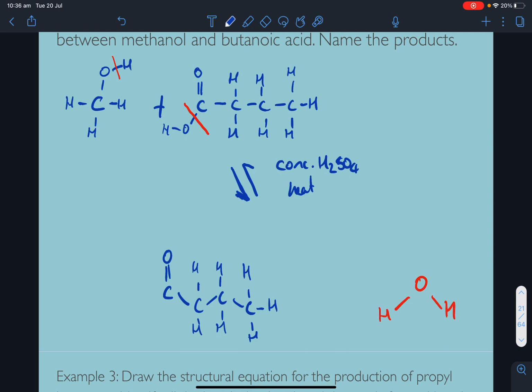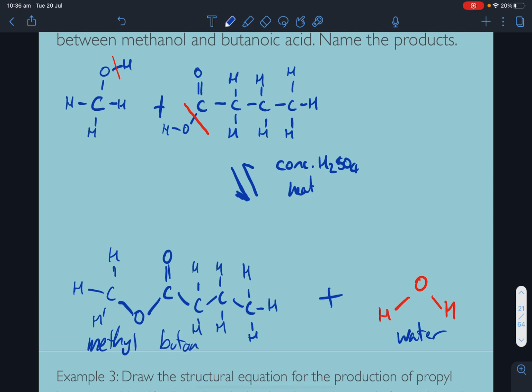Okay, and then it would have bonded to the oxygen of the alcohol, and then there was just one carbon there. Okay, name the products. Water. And this one, methanol, so it's now methyl, and butanoic acid, butanoate. So it's methyl butanoate as the product, and water as the other product.